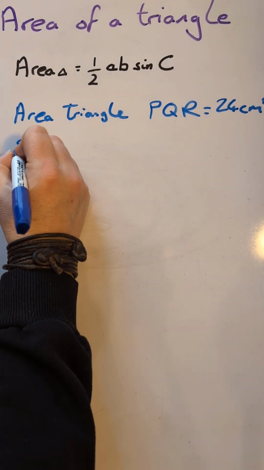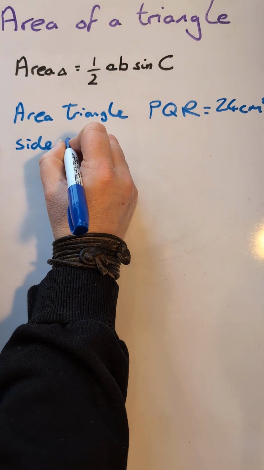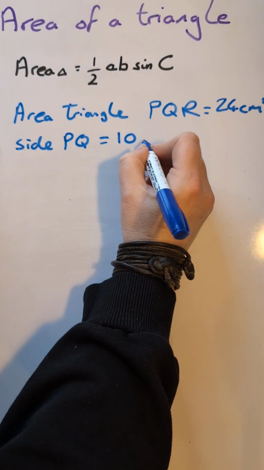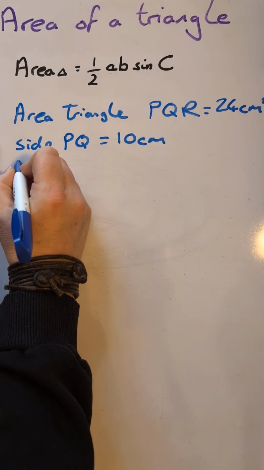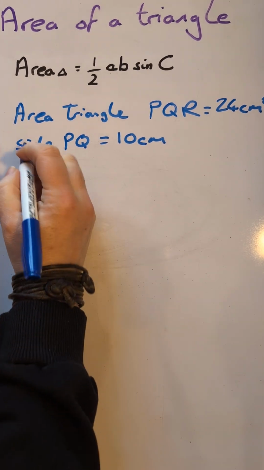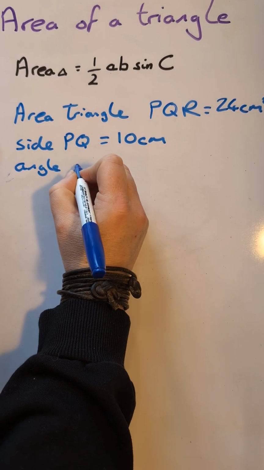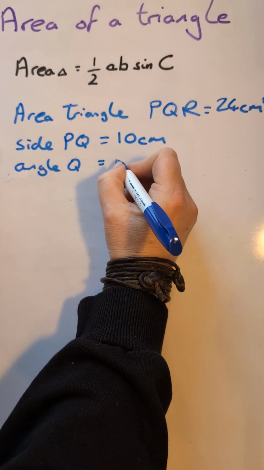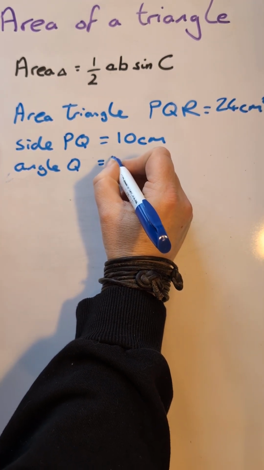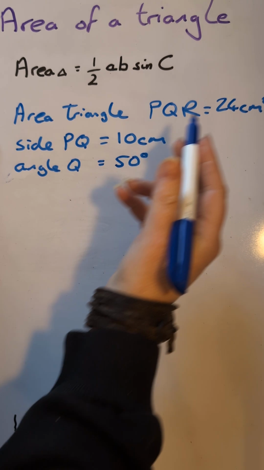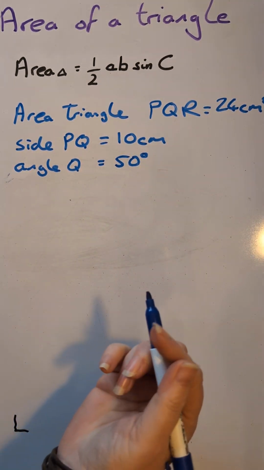And side PQ is 10 centimeters and the angle at Q is, I don't know if this is going to be workable. Right, I'm going to say 50 degrees. And we have to work out the side QR.